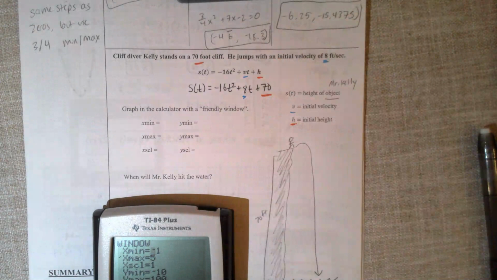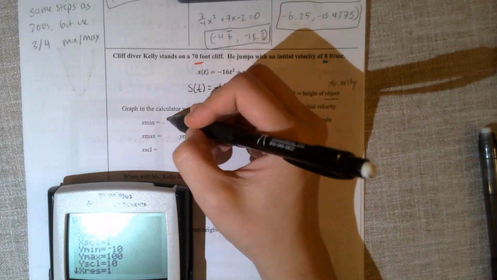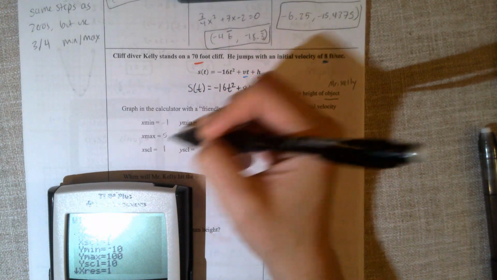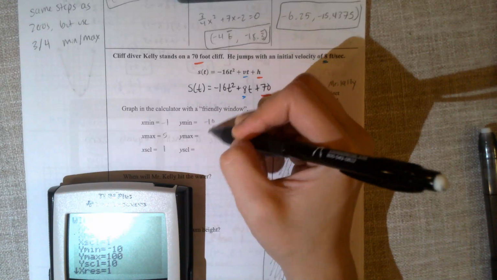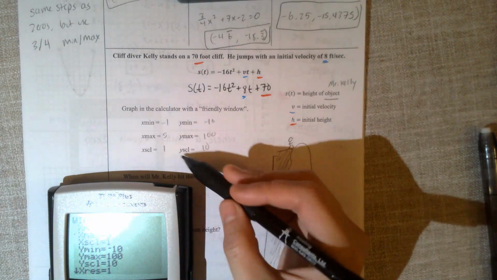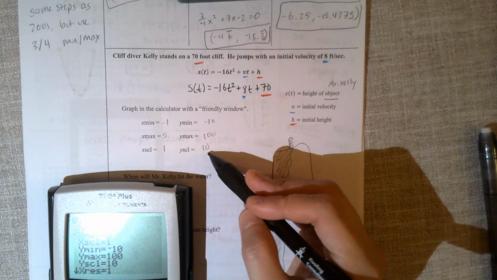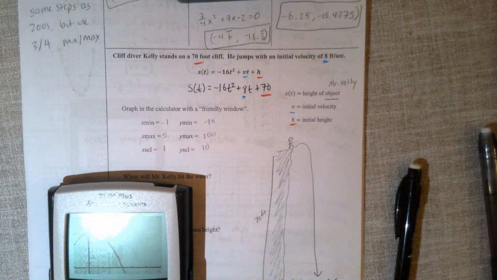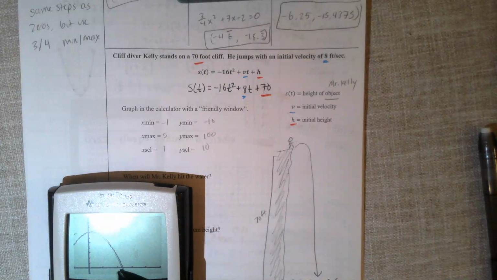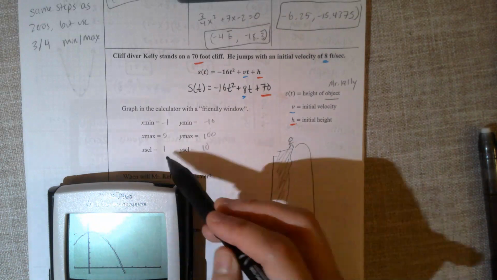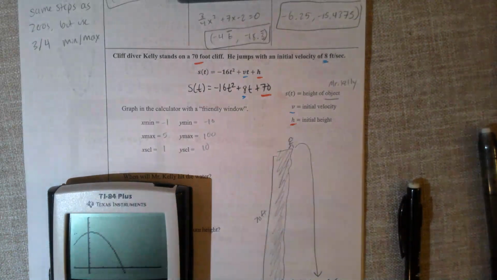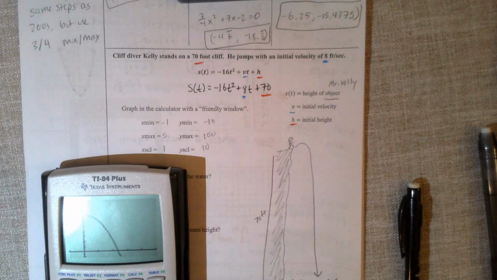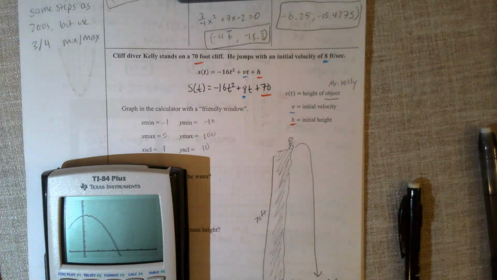But this is your personal preference, so this could be different. So we're going to do negative 1, 5, 1, negative 10, 100, 10. This Scl, that means scale, is just how many lines each thing represents. So if I look here, each line represents 10, and here, each line represents 1. So you can make the scale to your liking. Okay, sorry, this lighting has a bad glare.